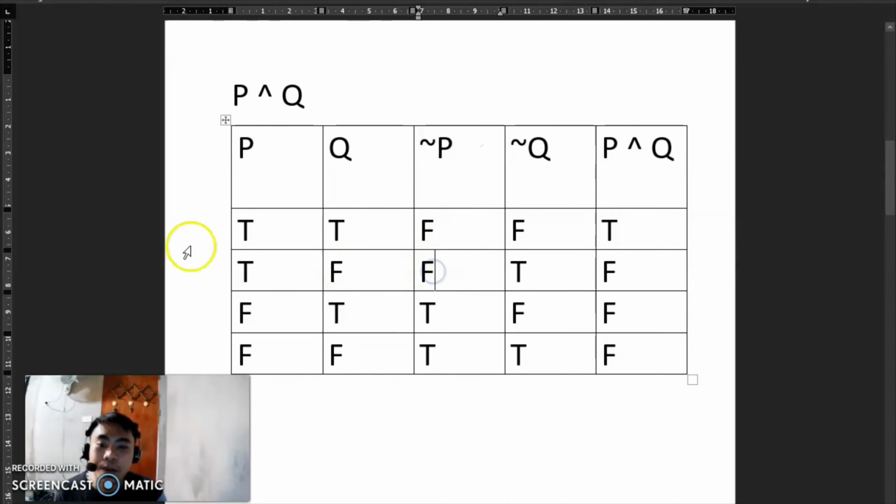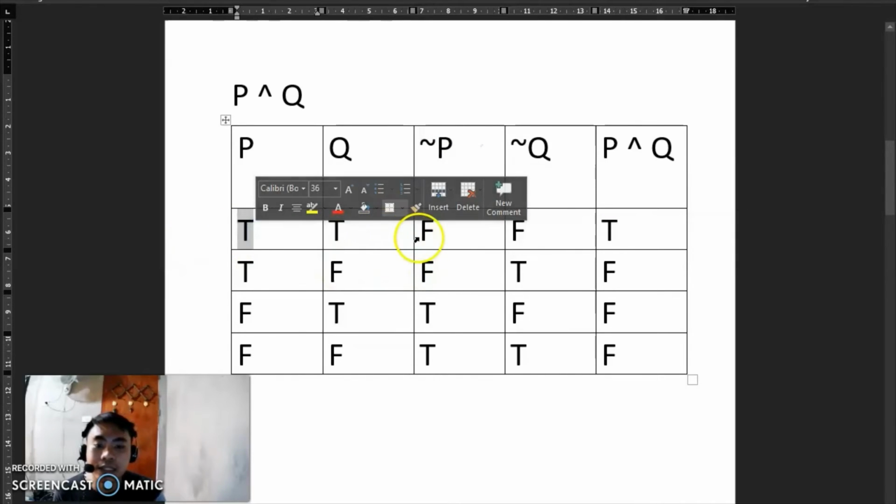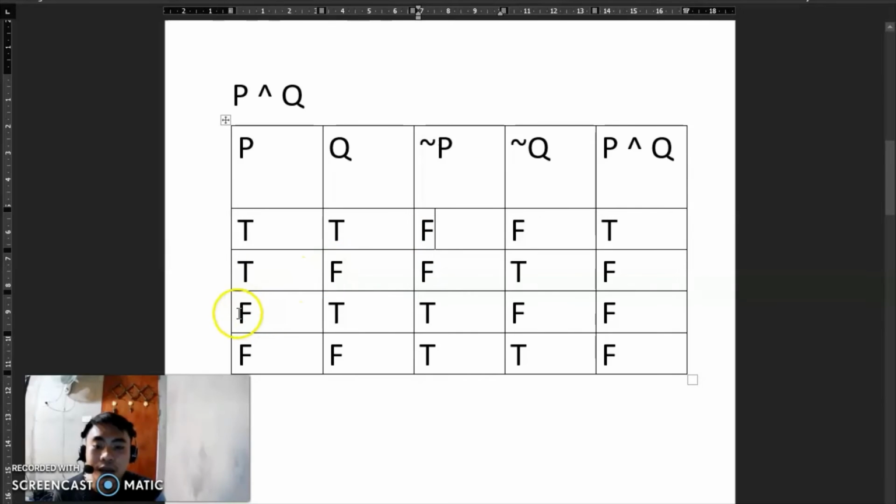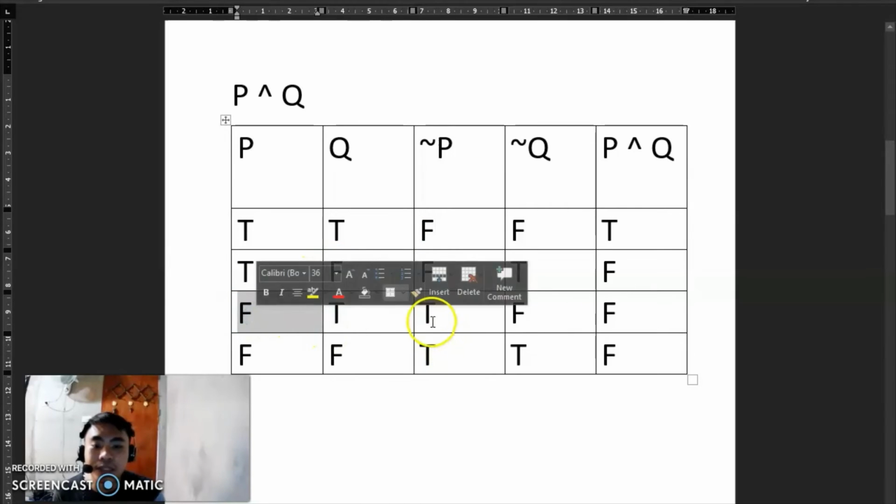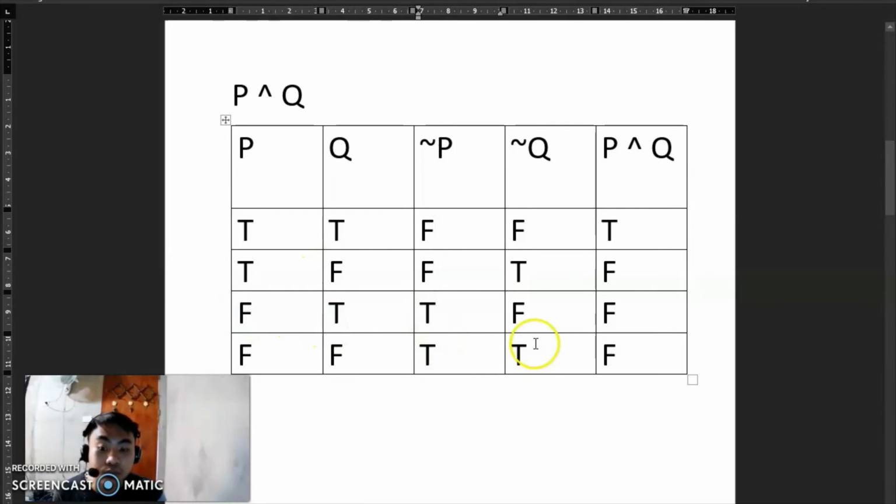Kapag negation po, kapag ang element ay true, pagdating sa negation, that will become false. Pero kapag ang element ay false, pagdating sa negation, that will become true. Next, dito naman sa ating conjunction. So, sa conjunction po, makakakuha lang tayo ng true kapag parehas silang true. So, at this point, true, true, ang element yan ay true.